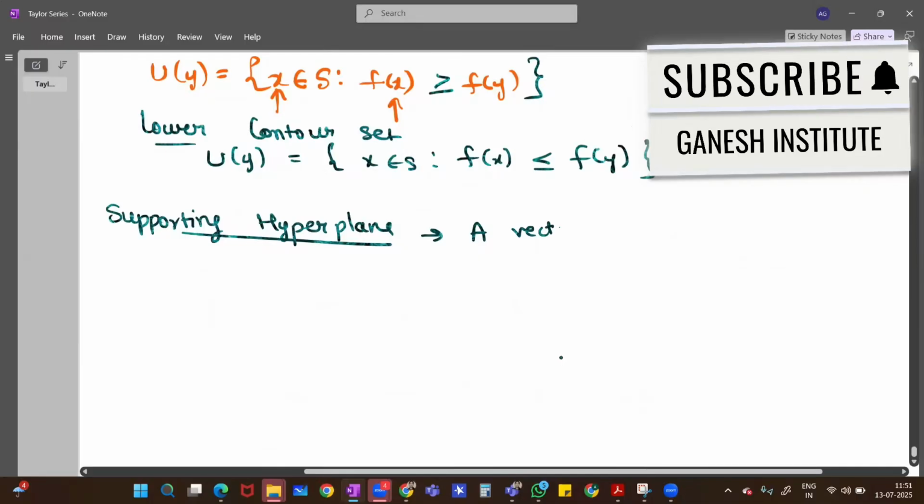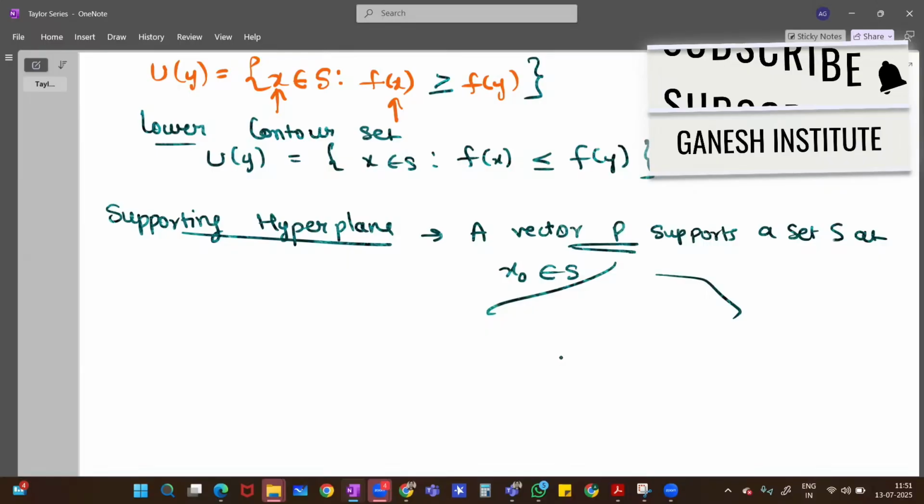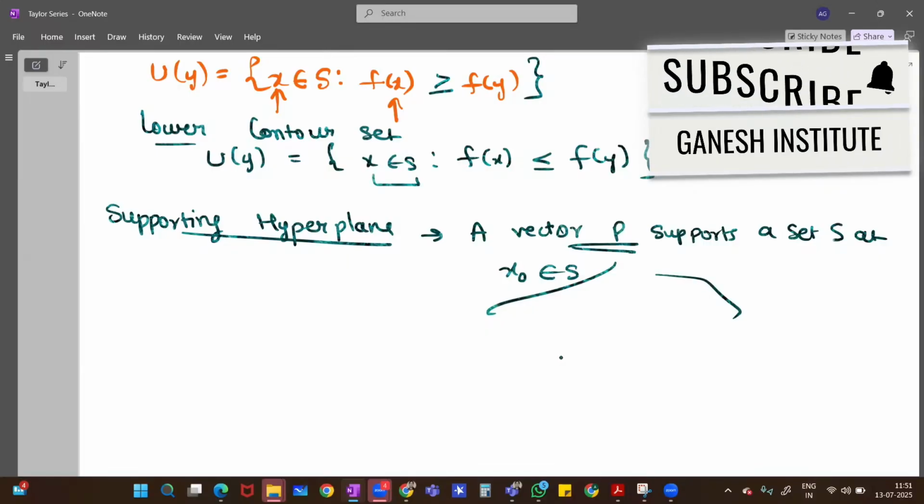A vector P, it is small p, which supports the set for which there is x naught. This P is defining x and dividing it into lower and upper halves.